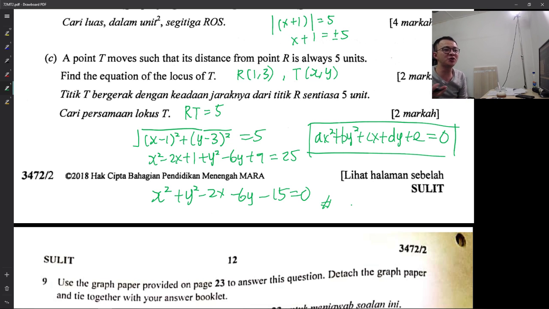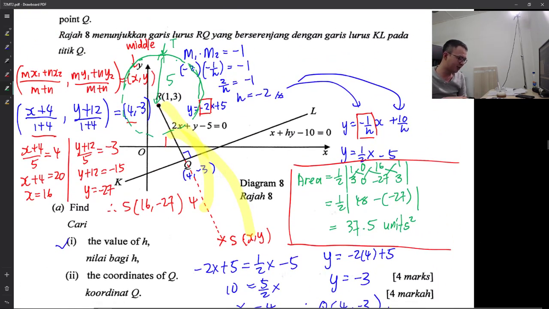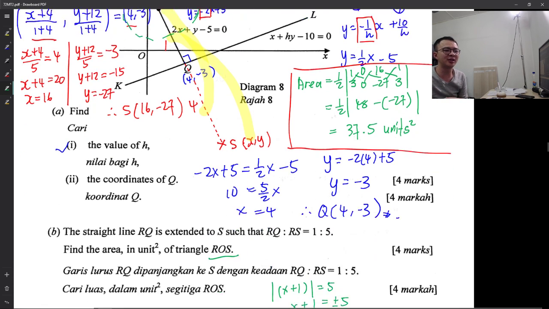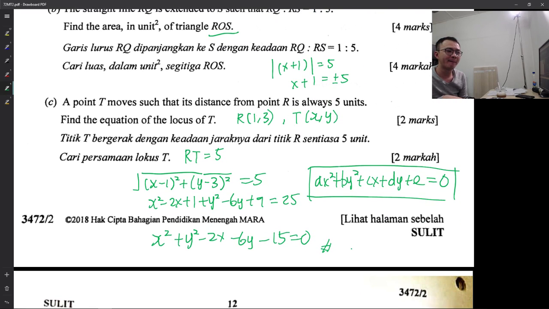So therefore, you always use the distance to find the locus equation. If the locus is always 90 degrees, I seldom see that. If they want 90 degrees, it depends, because in order to have 90 degrees, you must have two lines. So I don't think you will have something about 90 degrees. Locus just uses the distance.